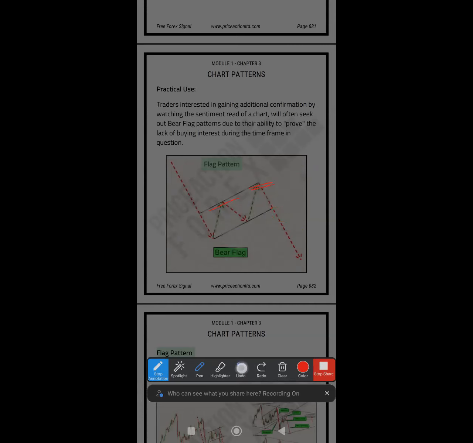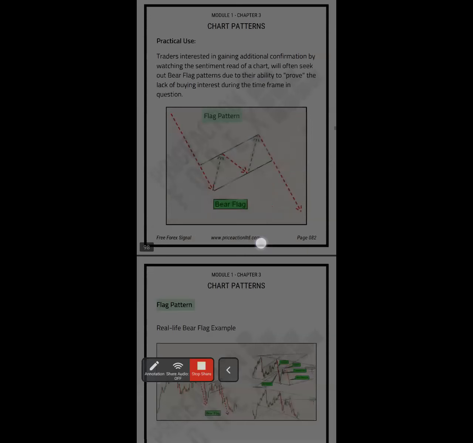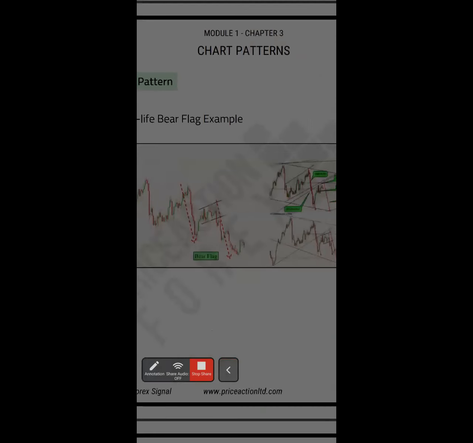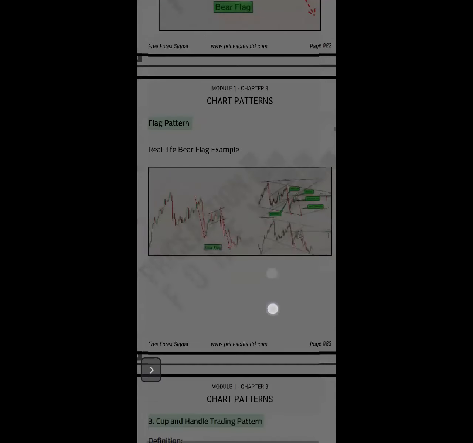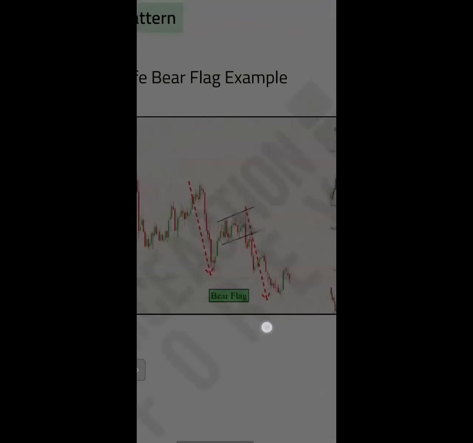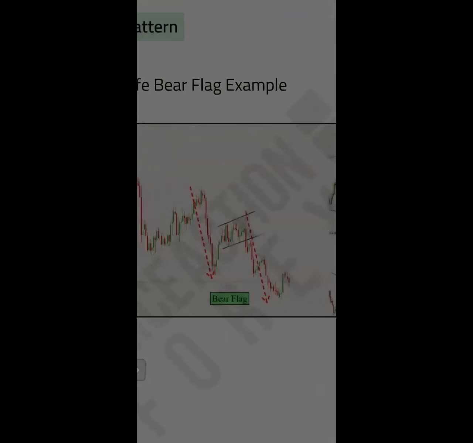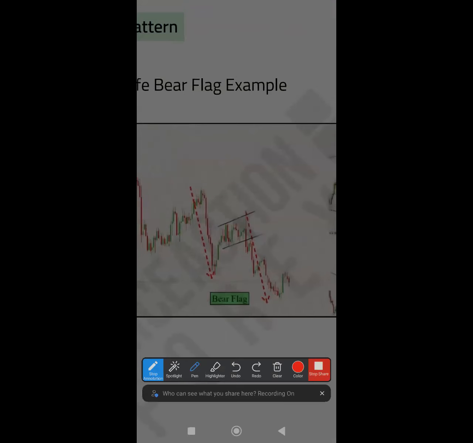Let's look at a live chart example. This live chart example is not clear, but it's similar to what they're trying to say, because charts are not exact.